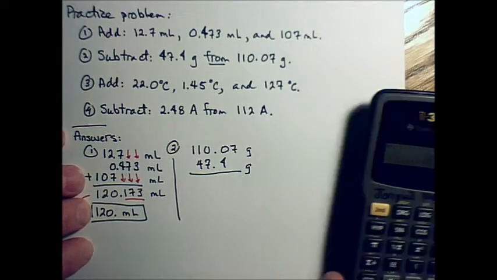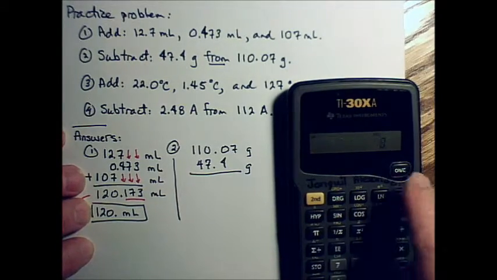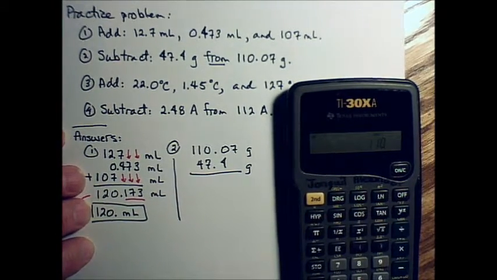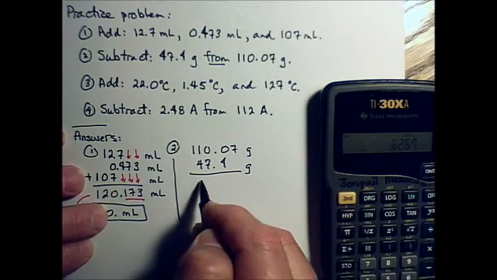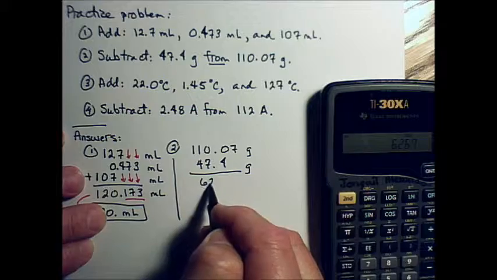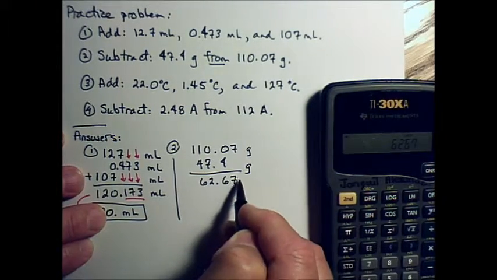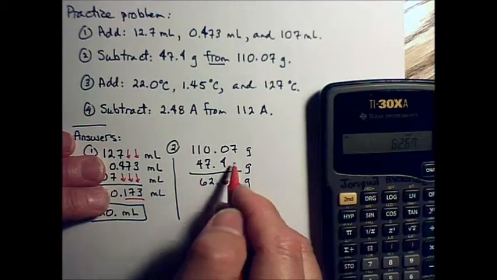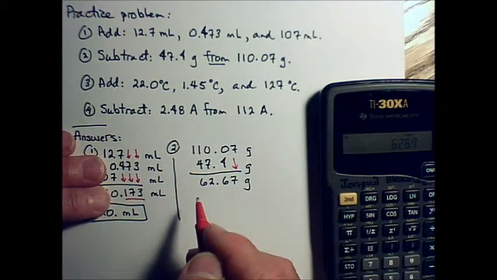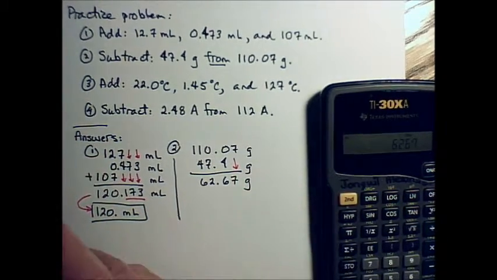Okay? All right. So we've got 110.7. We're going to subtract 47.4 grams. We get 62.67 unrounded. Okay. Now you don't have to put this arrow because that's just something you can do to help you keep everything aligned.